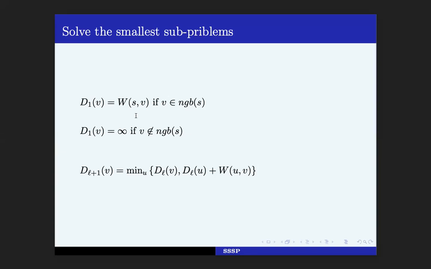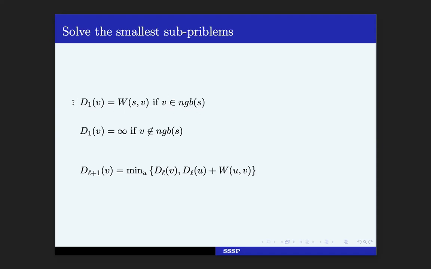That doesn't mean that this is the final answer, by the way. D_1(V) is not the final answer. The final answer for V will be D_{n-1}(V). But to start with, D_1(V) is the weight of the path from S to V which uses at most one edge. At most one edge meaning you can only use the edge that connects them, nothing else.